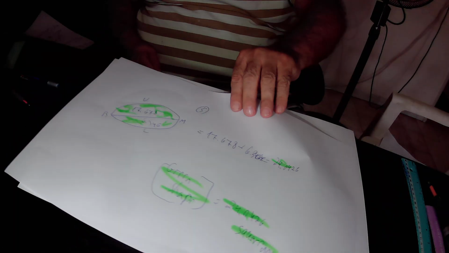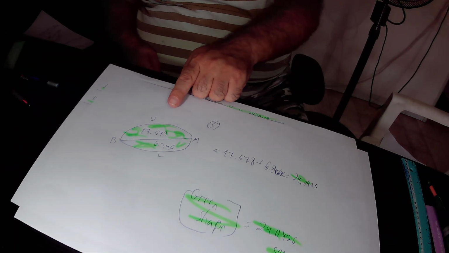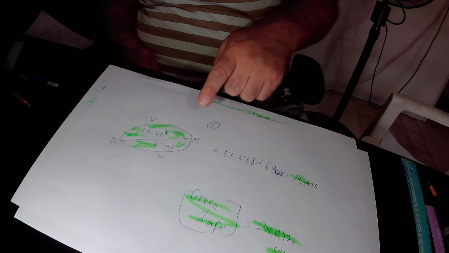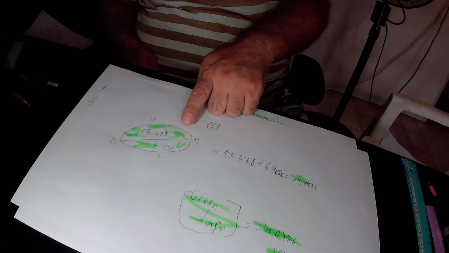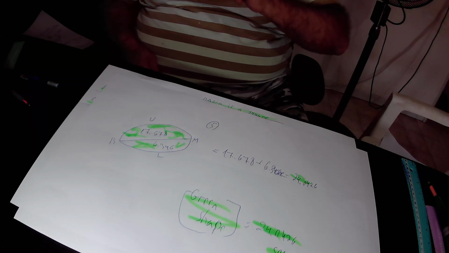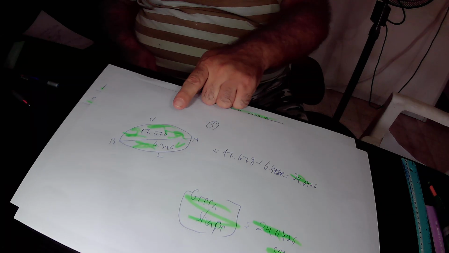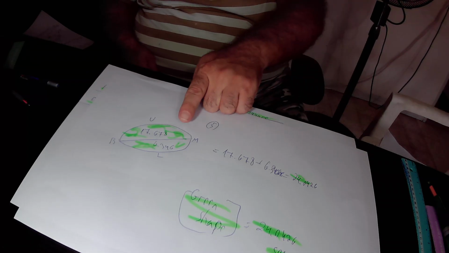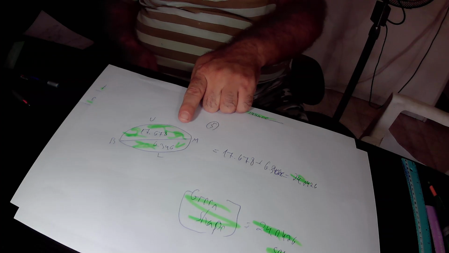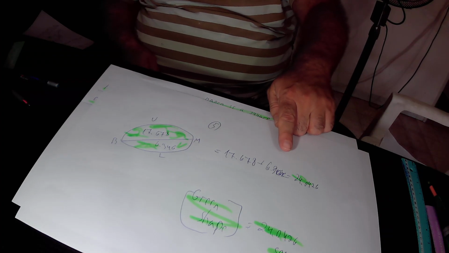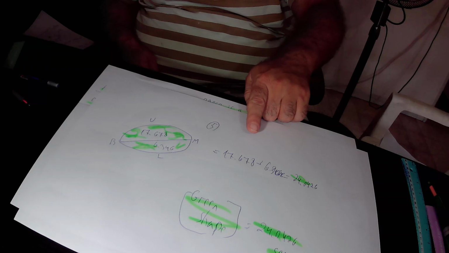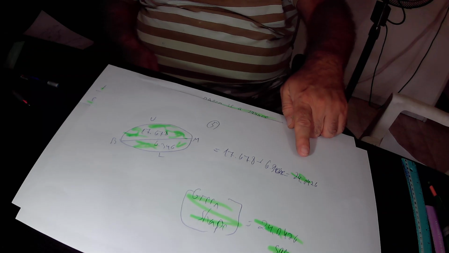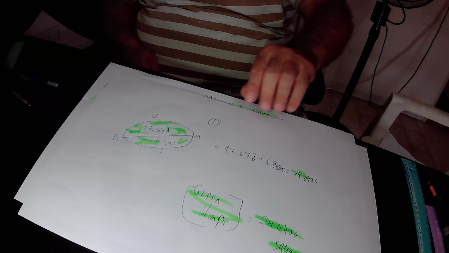So 17.678 plus 6.346, in total it is equal to 24.0426 square units in size.